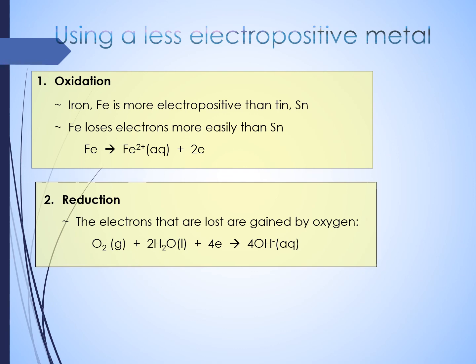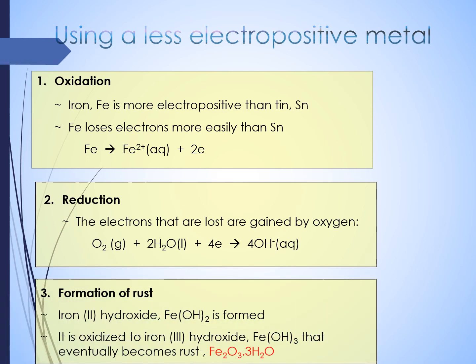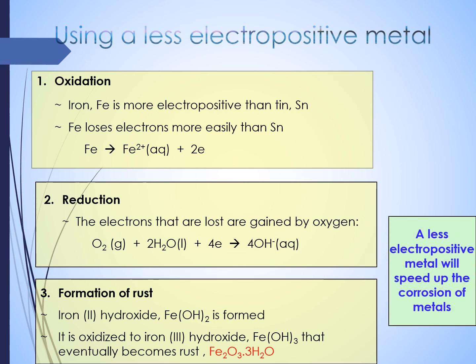The electron is then received by oxygen and water to form hydroxide ion. Then rust occurs. Iron(II) ion and hydroxide ion form iron(II) hydroxide. Iron(II) hydroxide is then oxidized to form iron(III) hydroxide that eventually becomes rust. A less electropositive metal will speed up the corrosion of metals.